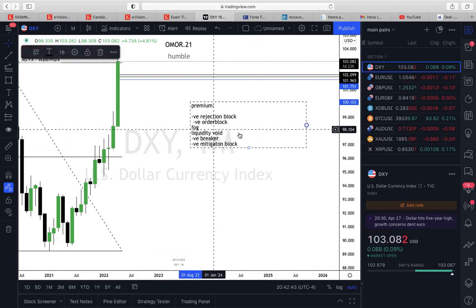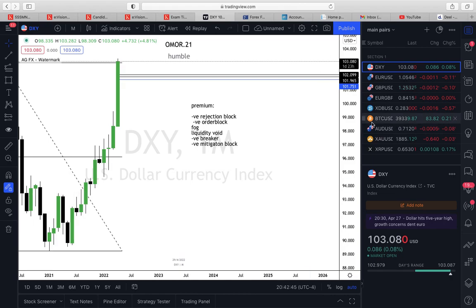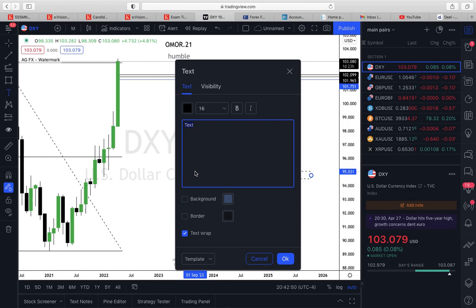So let's keep that here, and then let's do another one. So minus VE is negative, plus VE must be positive, right? Let's keep doing FVG.